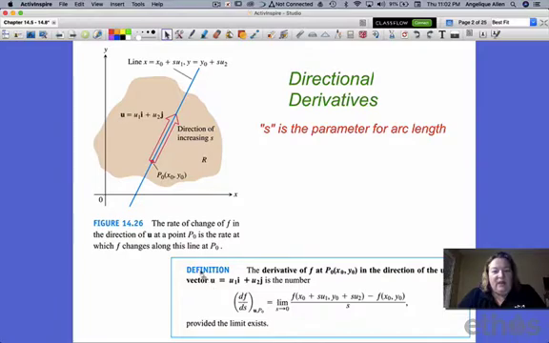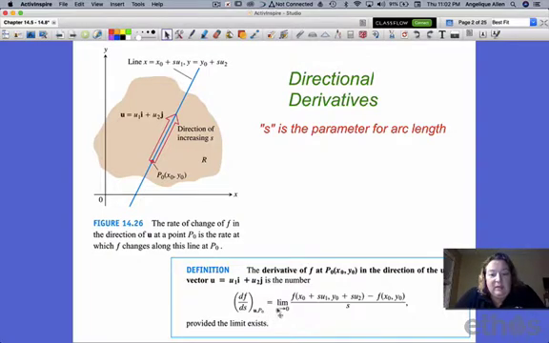Okay, so we have to have a definition. The derivative of our function f at a single point in space, just like we do it in two dimensions, in the direction of the unit vector u1 i plus u2 j, is this fancy symbol down here: df ds, the derivative in the direction of increasing arc length. And here's our parameters down here, in the direction of u, evaluated at the point P naught.